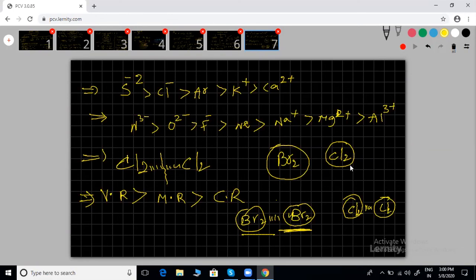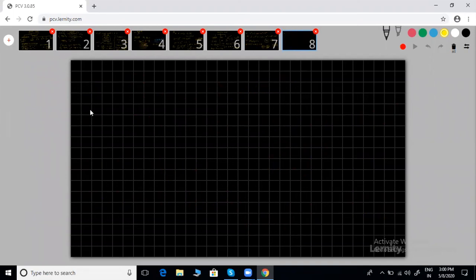Then the factors affecting atomic size. This time I'm giving them orally. Atomic radius is inversely proportional to effective nuclear charge. Is it correct? Atomic radius is inversely proportional to Z effective. The higher the Z effective, the more the attraction, the lesser the size.